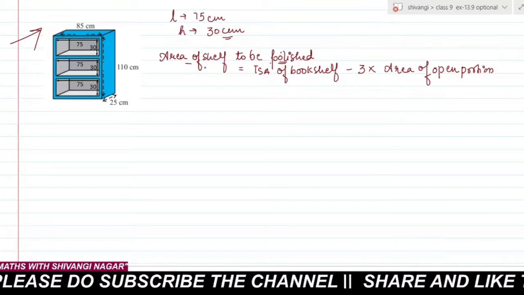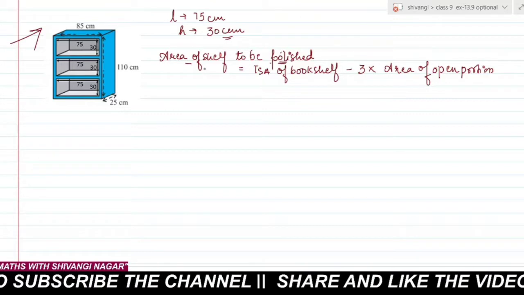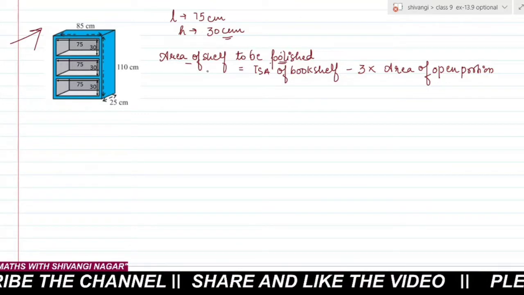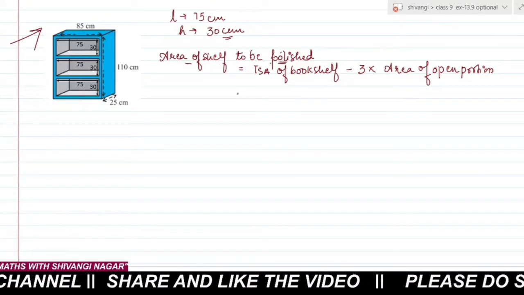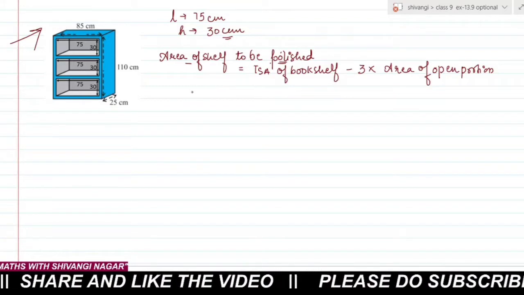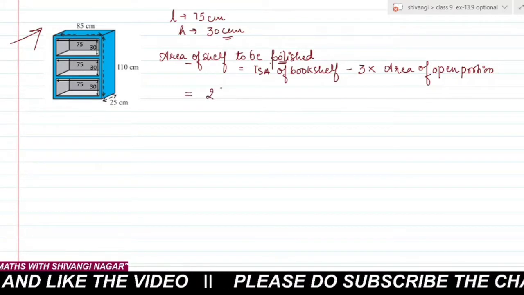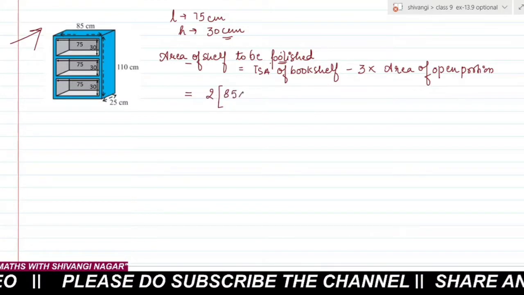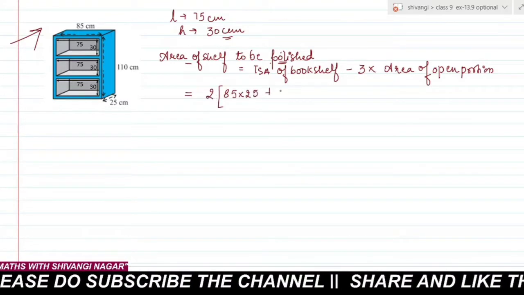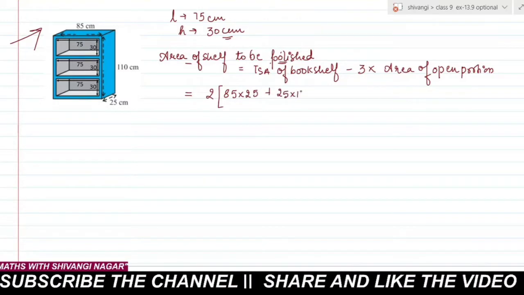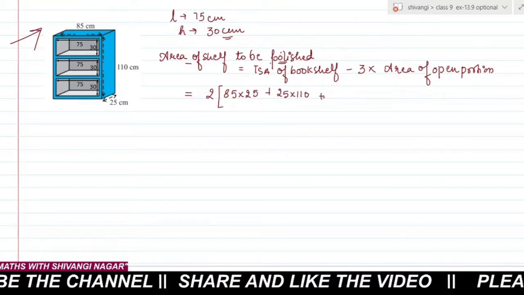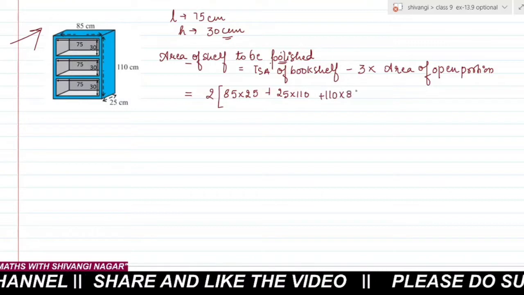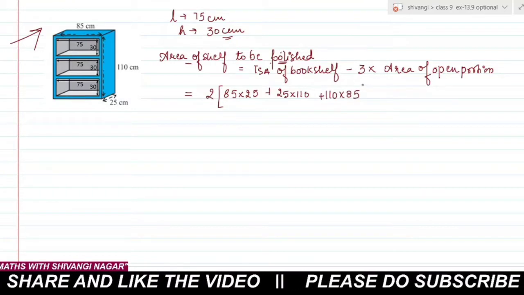Yes. Now what is the total surface area of the cuboidal shape bookshelf? Twice of L into B plus B into H plus L into H, that we already did here. So twice of 85 into 25 plus 25 into 110 plus 110 into 85, right?